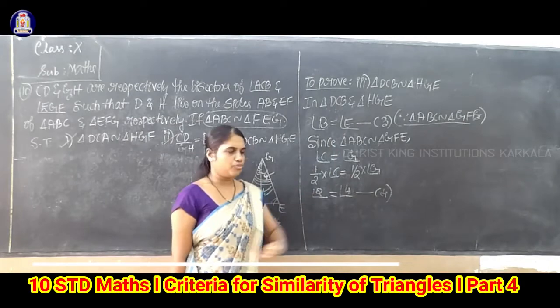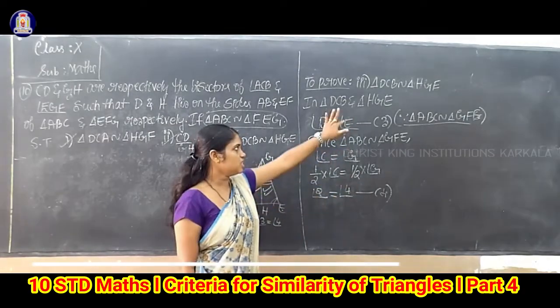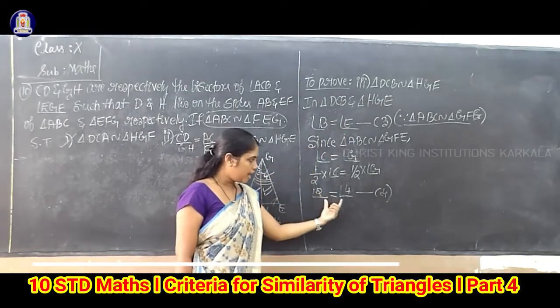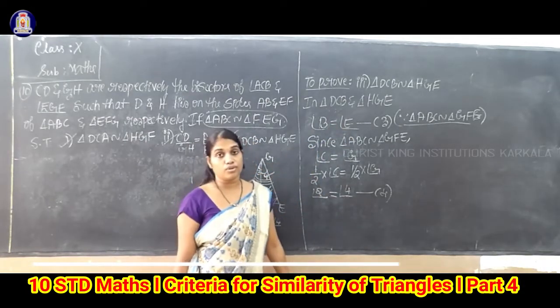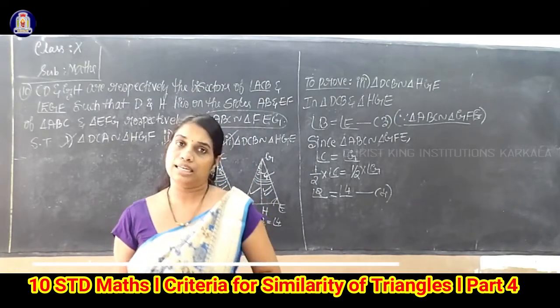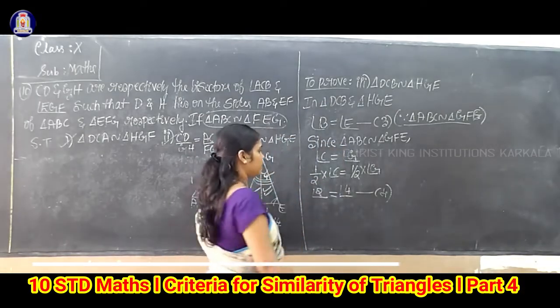Combine angle 3 and angle 4, by using one pair of angles equal and another pair of angles equal. So by using the AA similarity criteria, can I say these two triangles are similar? Yes.